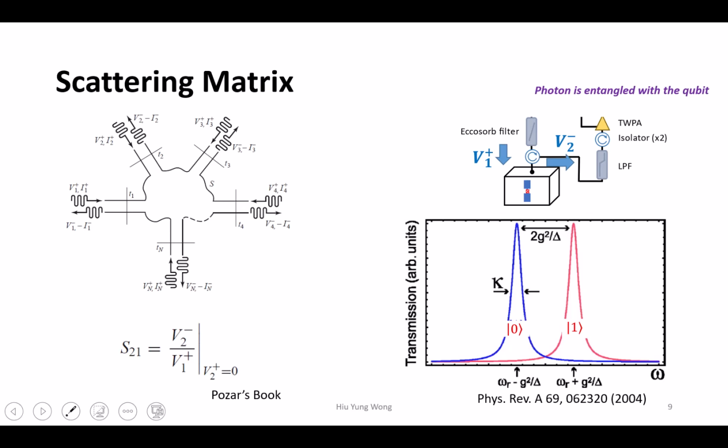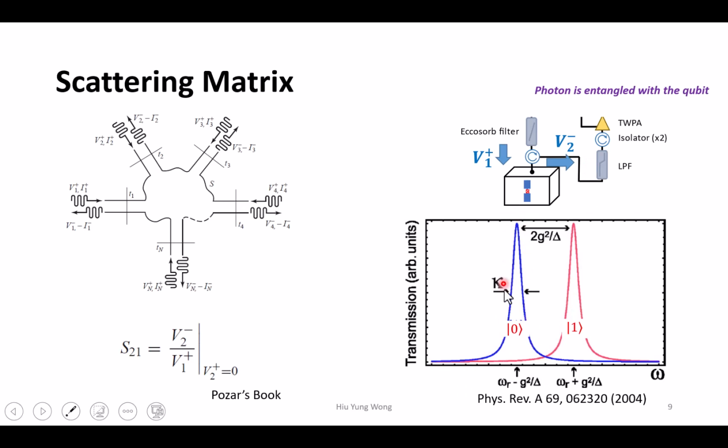And here is just to recap what happened, right? From the quantum mechanical point of view, a hand-wave thing, we say it absorbs one photon and takes one photon. And then from the macroscopic point of view, it's just saying that for the transmission S21, when I have this voltage going in, and then I go out, then I will have a transmission spectrum like this.